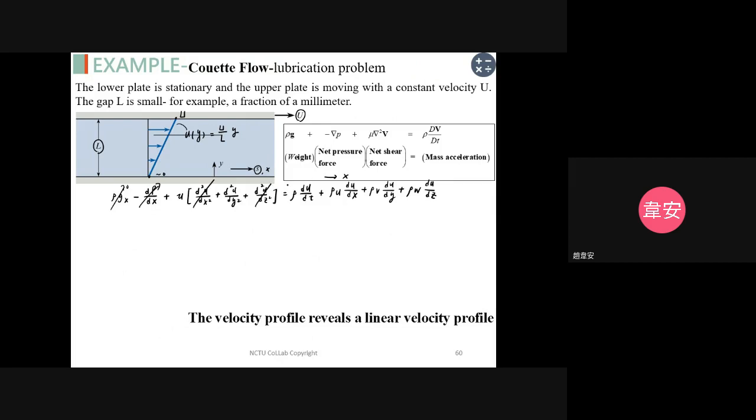We assume this is a steady-state flow, so the u velocity doesn't change with time, and this is also equal to 0. Here u is not a function of x or z; it is a function of y. We don't have the v velocity, so this is also equal to 0.